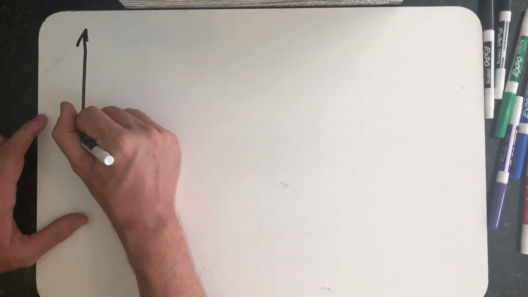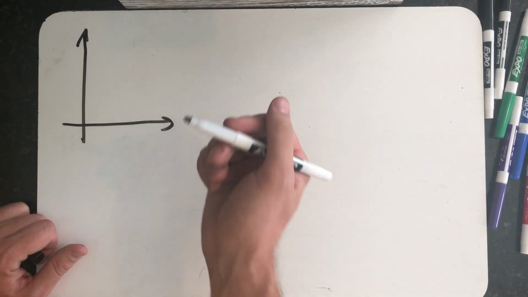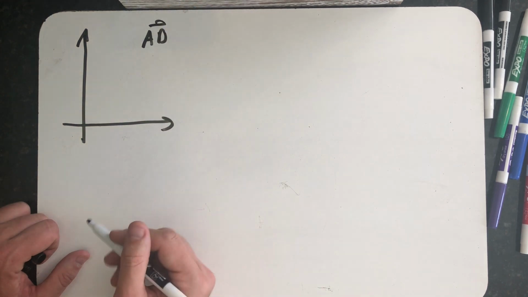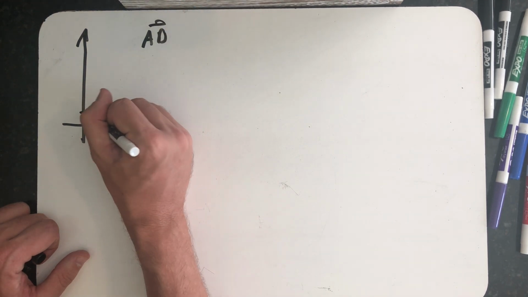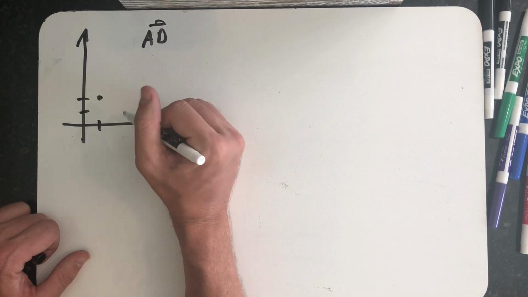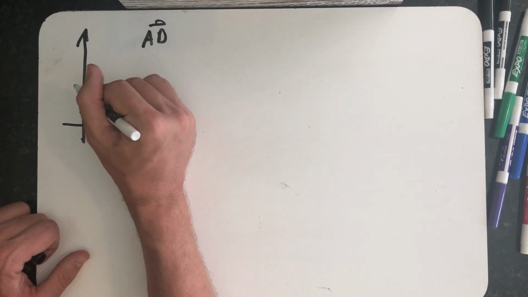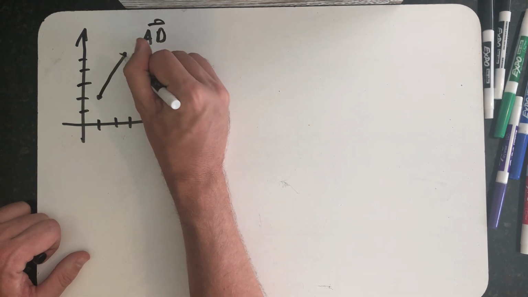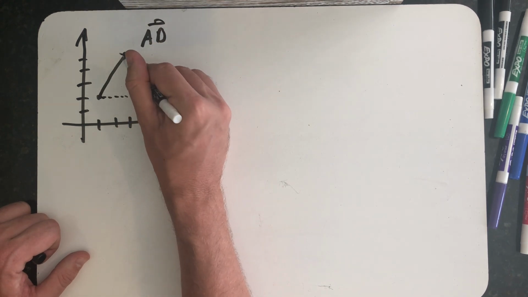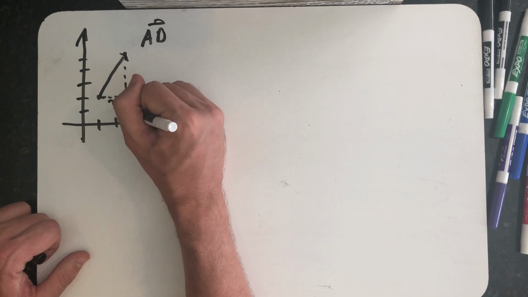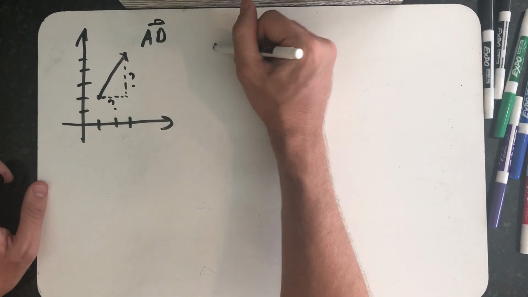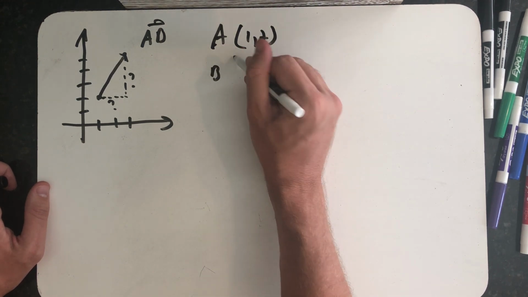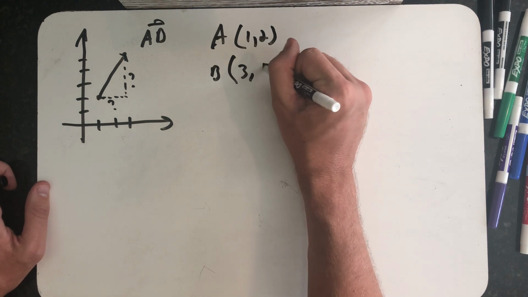If I imagine in the plane that first vector, the vector AB that pointed from (1, 2) to the point (3, 5), I had this vector. To write it down in component form, I thought about finding these two lengths. So I had the point A, which is (1, 2), and the point B was (3, 5).